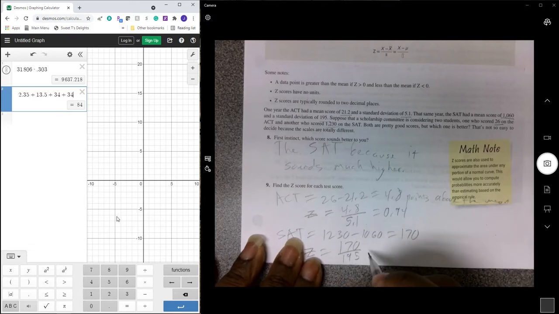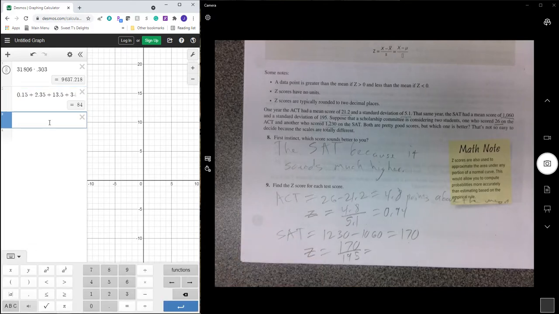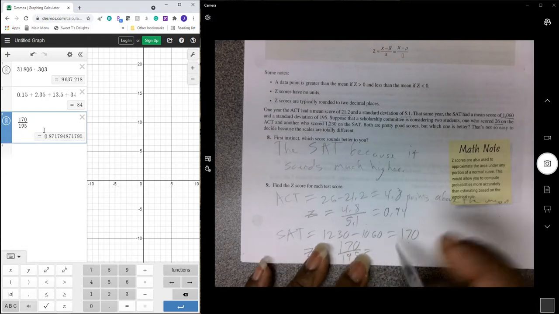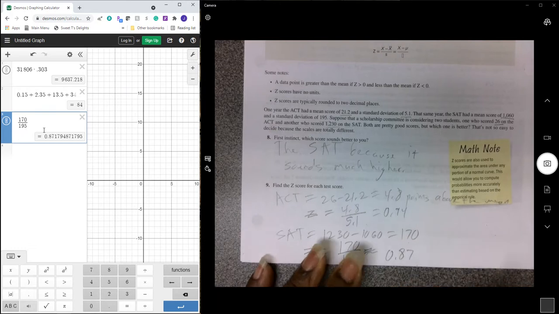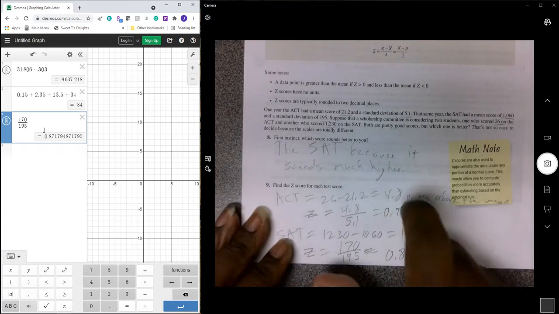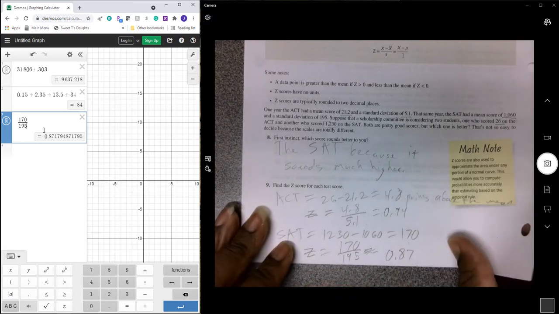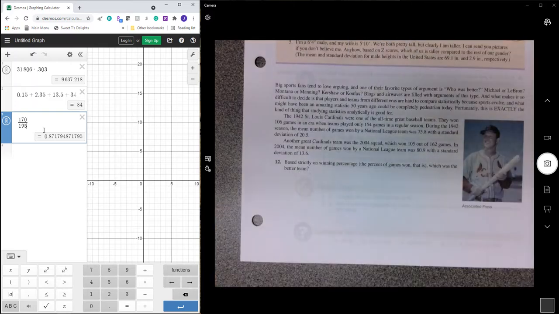So we divide 170 by 195, and if we round to two decimal places, it gives us 0.87. So basically, we notice here that the ACT has a higher Z-score, so it's the better score.